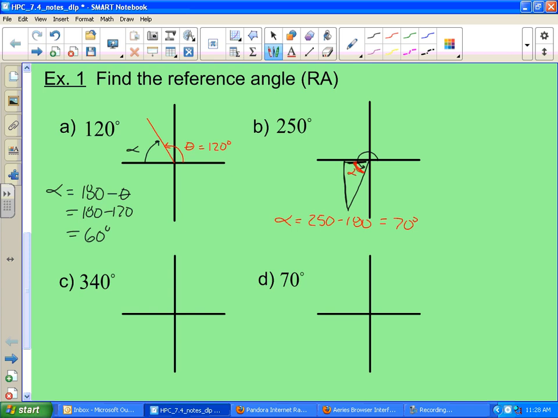Well, what we're really doing is taking a triangle that I could have in quadrant 1, and we're repositioning that triangle in other quadrants. So I can take this same triangle right here and put it in quadrant 1. Looks like this. There's my 70-degree angle.